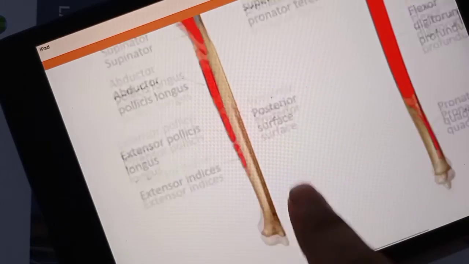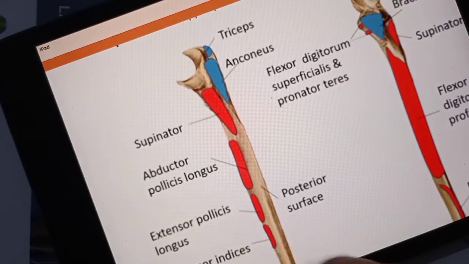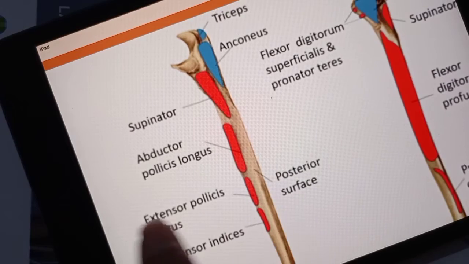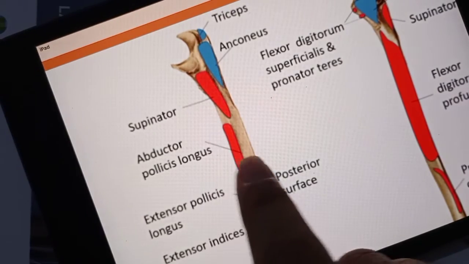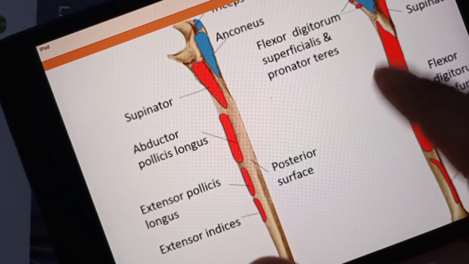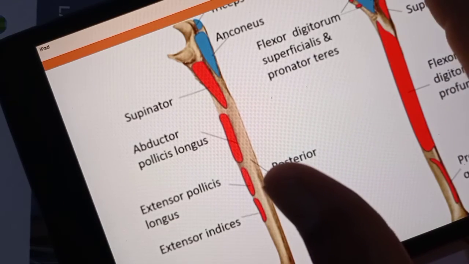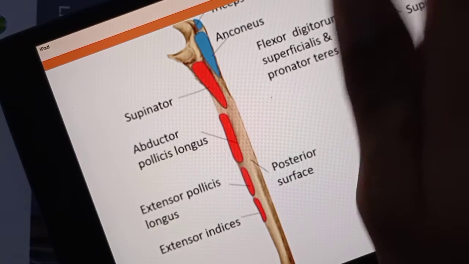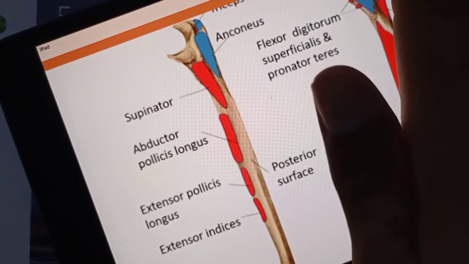This was the lateral view, and this is the posterior side. The first one is abductor pollicis longus, which helps in abduction of the thumb.